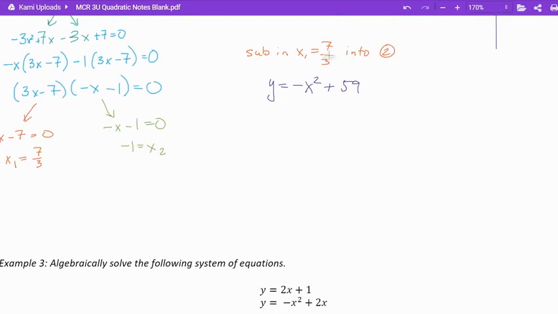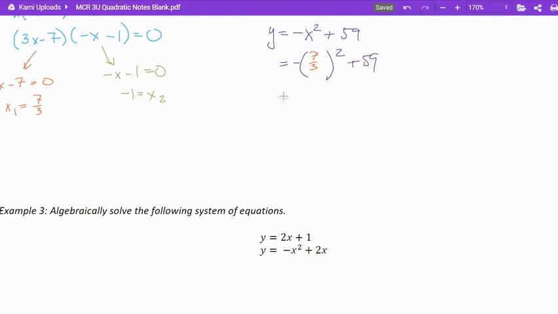It's going to result in a fraction. All right, so negative x squared plus 59, some fraction practice. 7/3. Oh man, what do I do when I have a fraction and I square it? Okay, try that on your own. I want everyone to try it. Sebastian, give this a shot.